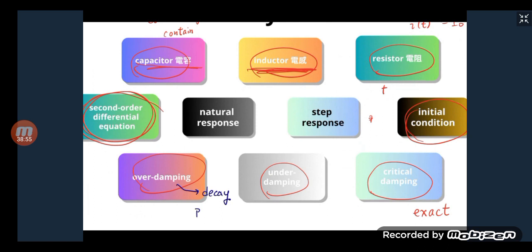But in Chinese, we use an interesting and uncommon term which we call 阻力. I don't know why it is called 阻力. Maybe we just want it to be different from other similar terms. Overdamping is translated as 过阻力.